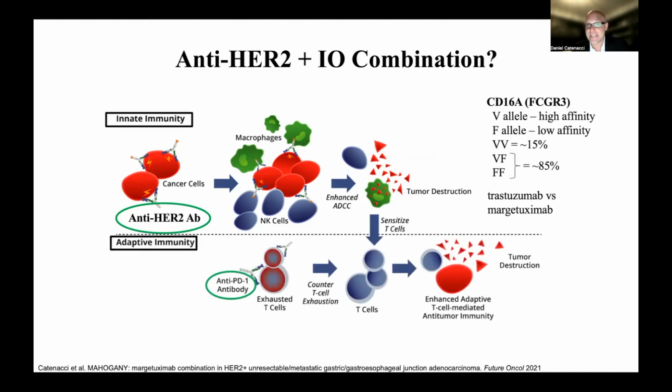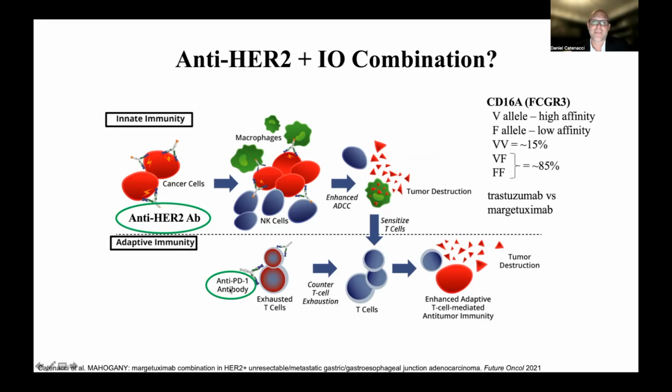In addition to this, whether or not you have trastuzumab or margetuximab, when you do have a response to the cancer treatment and you have destruction of the cells, we talked about the cancer immunity cycle and how these antigens will filter down into lymph nodes and start to select for T cells that can now enhance and elicit an immune response.